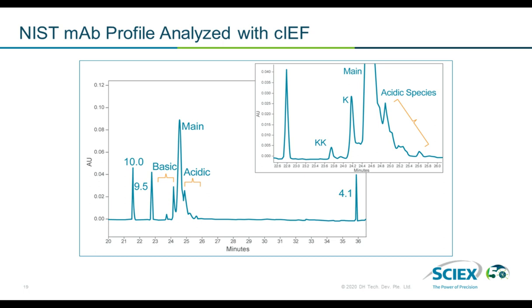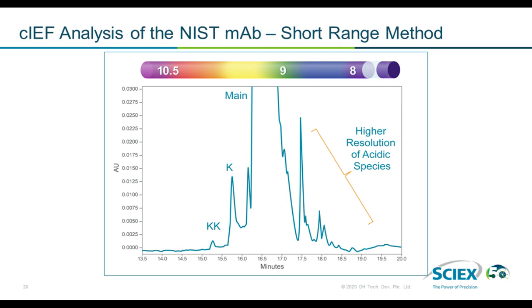Now from here, we'll probably say, let's screen some other ampholytes, let's screen some other additives, so we can do a little bit better. And then we're going to end up with more profiles. So from that work, if we focus down on using a narrow range ampholyte and some additives in there, we can certainly achieve increased resolution of both the acidic and basic variants.